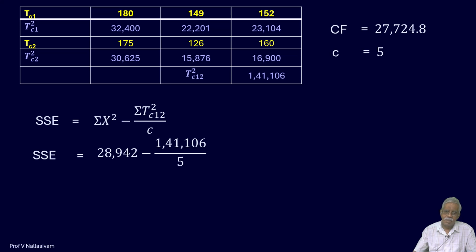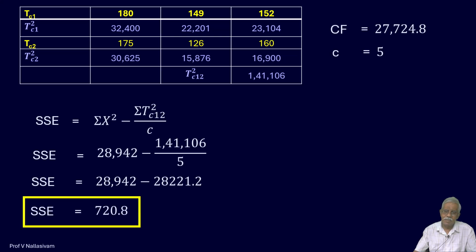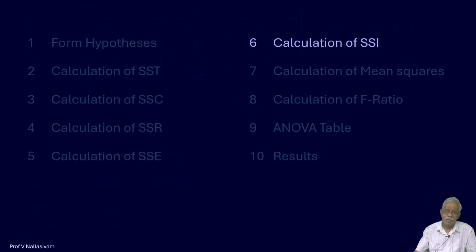We get SSE equal to 28,942 minus 1,41,106 by 5. 28,942 minus 28,221.2. SSE equal to 720.8. Calculation of SSI. Finally, let us calculate sum of squares of interaction, that is SSI.